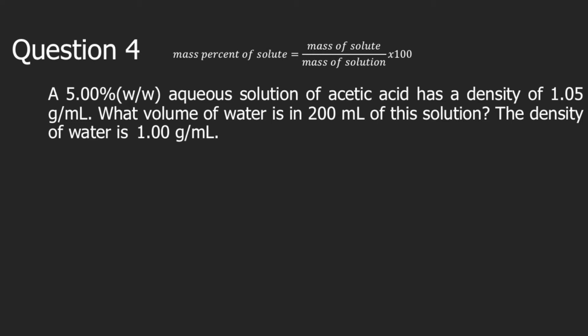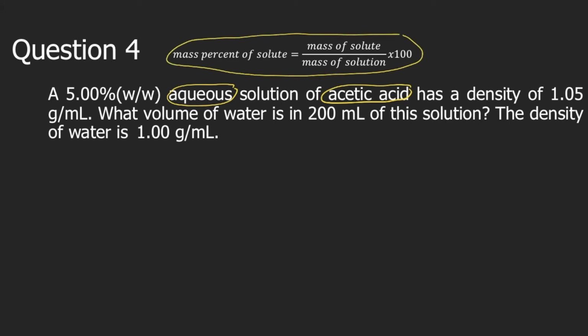In this problem, our solute is acetic acid and our solvent is water because it's aqueous. We stick to the formula that we know. The mass percent of acetic acid, I will abbreviate this as AA.